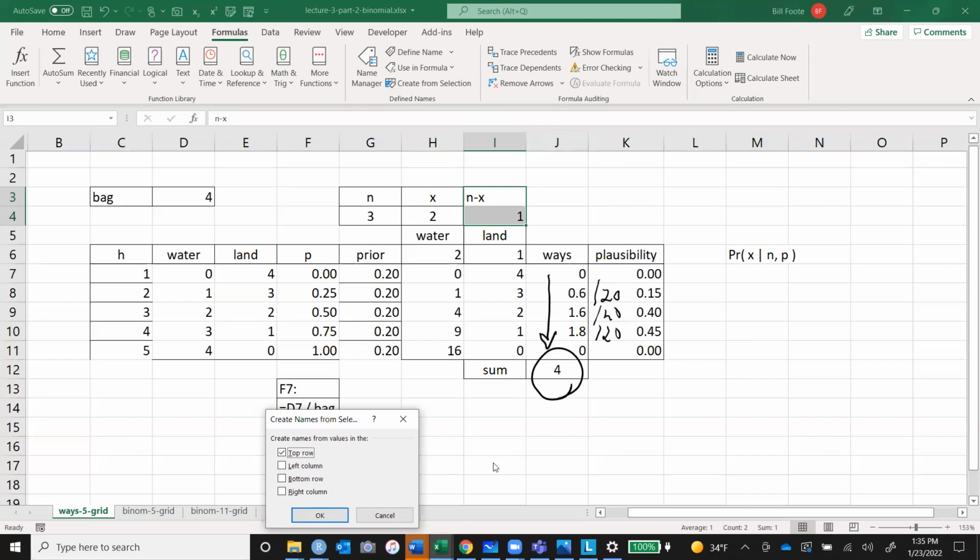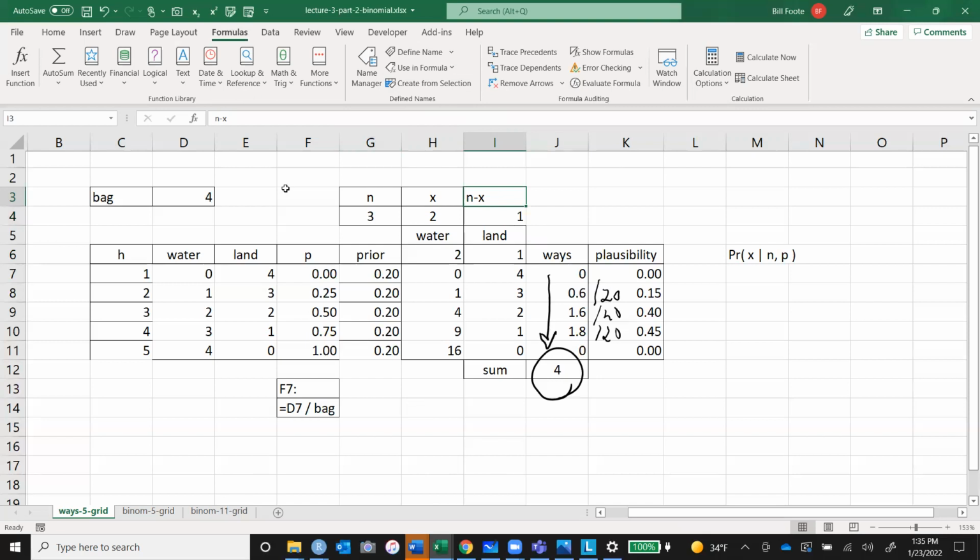I'm not going to make that N minus X. That's just a label there. And labels tend also not to be hard coded in these. We would put labels somewhere else and store them in a worksheet so that we can maintain the labels and then float those labels across user worksheets. That's more than what we need to do right now.